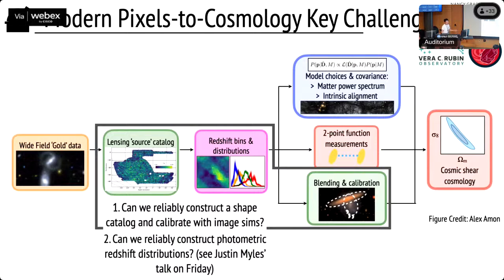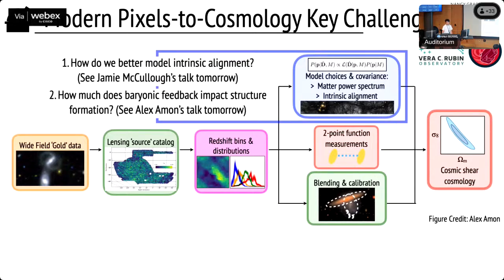At each part of the steps, there are a few challenges for making Stage 4 weak lensing experiments like Rubin successful. On the data side, the main challenges are whether we can construct a well-calibrated shape catalog and photometric redshift distributions from the wide field image data, and our ability to characterize the systematics that exist in the data using simulations.